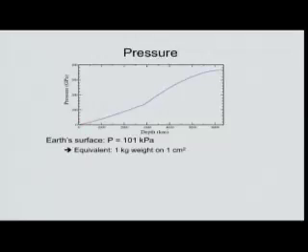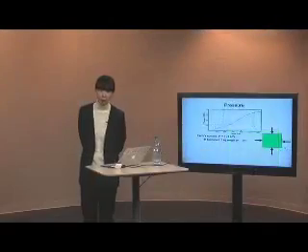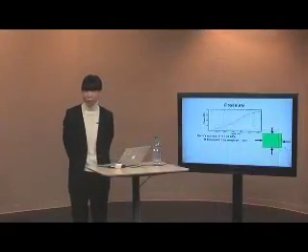This is equivalent, if you think of how much weight I should put on my fingertip, to 1 kilogram of weight on my fingertip. The only thing you have to think about is that this is pressure, so it's coming in from all directions, squeezing my fingertip. This is what we can live with. This is what our body is supposed to do.